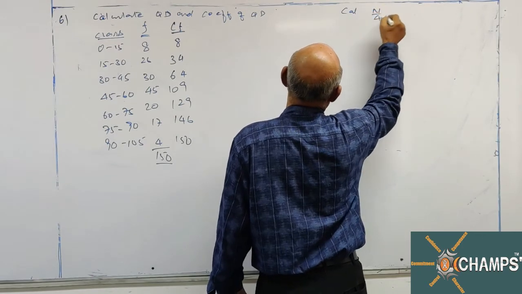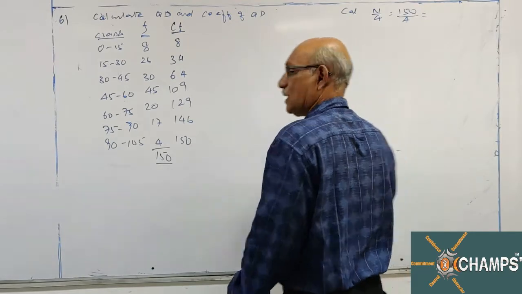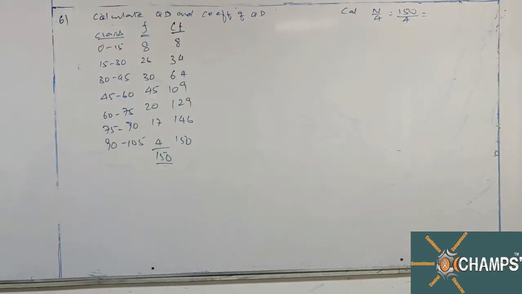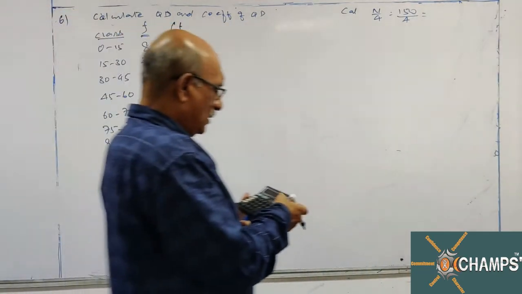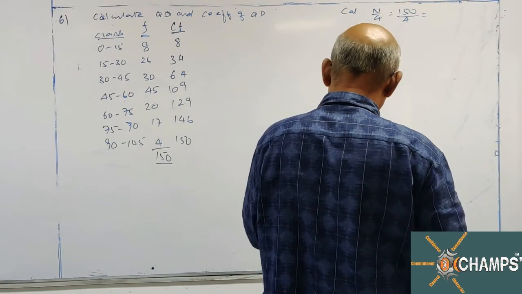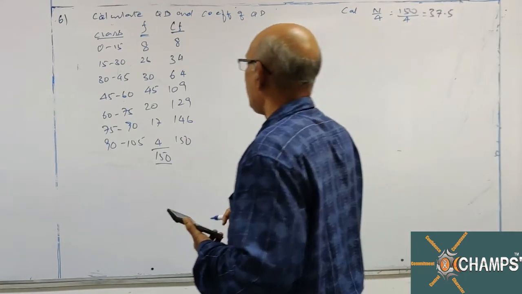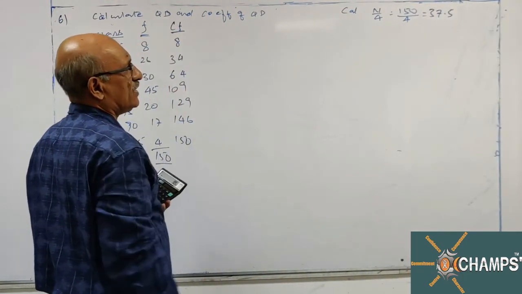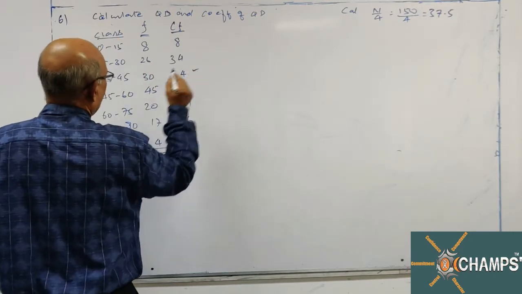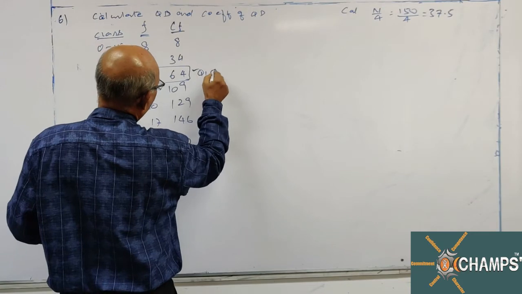Calculate n by 4, 150 divided by 4, 37.5. See a value which is just greater than 37.5. 64 is the value. So this is Q1 class.